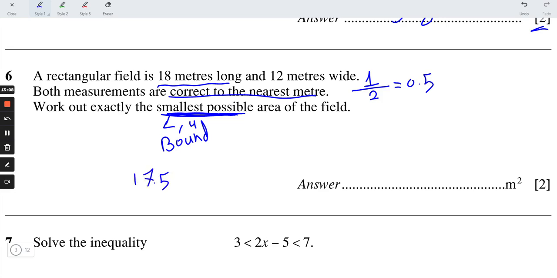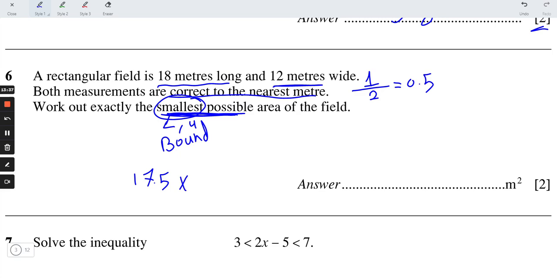The reason why we take away 0.5 is because they need the smallest. Well, area here is long times wide. That means you should multiply the smallest possible times the smallest possible to get the smallest possible area, using lower and upper bound. So 17.5 times, we will do the same for 12 meters wide.